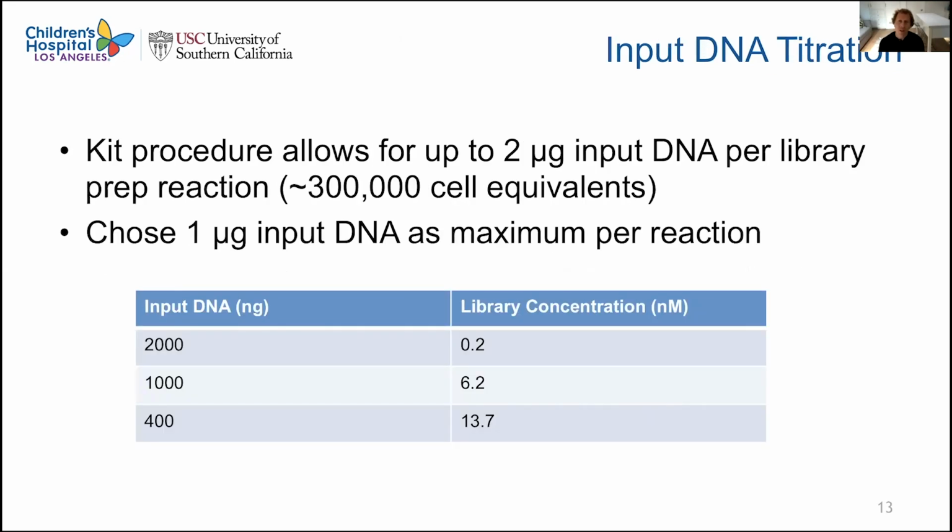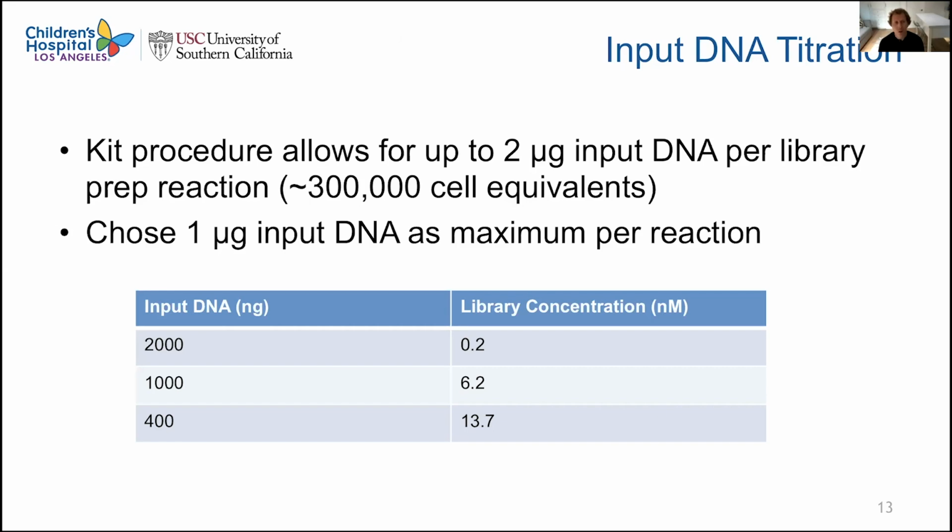For the MRD test, we did some input DNA titration. Of course, the goal is to test as much input DNA as possible, so as many cell equivalents of DNA as possible. The kit procedure specifies that you could use up to 2 micrograms of input DNA per library prep reaction.